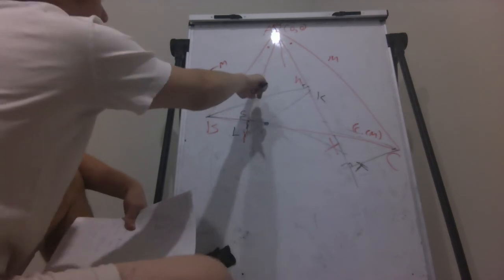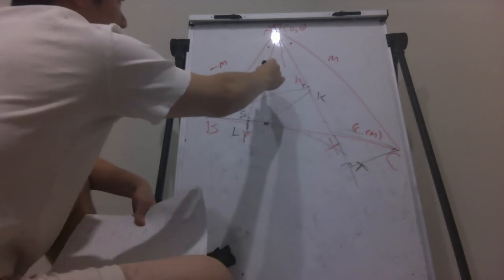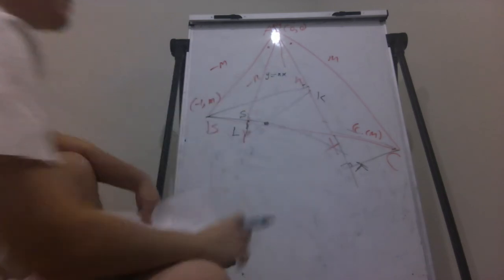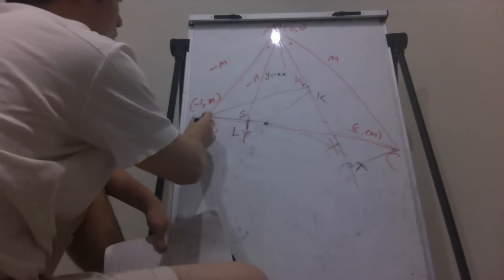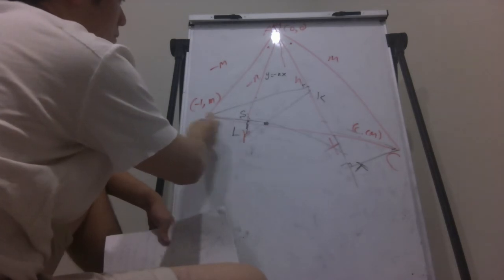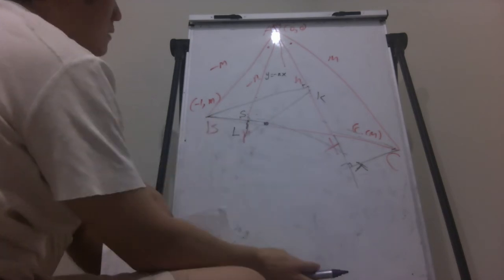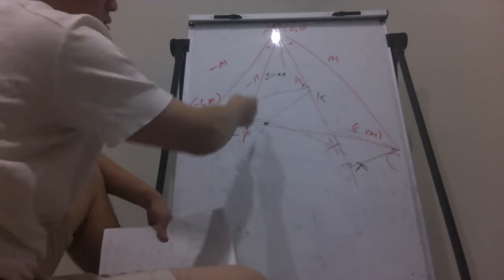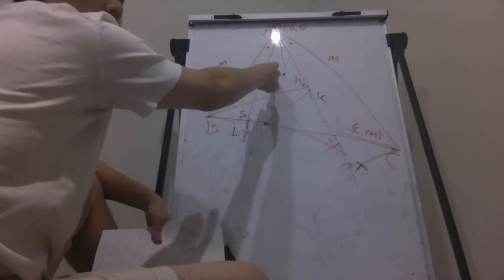Alright, so this has gradient minus n, right? So look, the equation of this line is y equals minus nx, isn't it? So the equation of the perpendicular line, you know the slope is 1 on n, right?